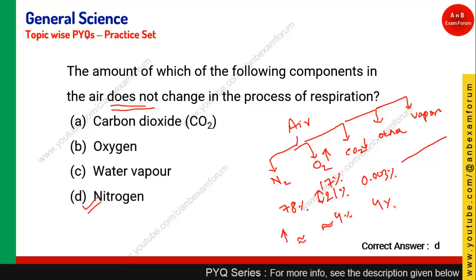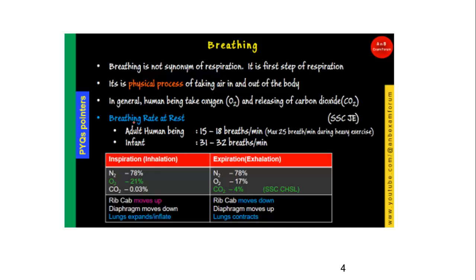Such pointers we have seen in our theory class where we discussed breathing, and breathing, as you know, is the first step of respiration, and it is very important that human beings take in oxygen and release CO2. In the inhalation process we take in 21% oxygen, consume it and return an oxygen level of 17%.